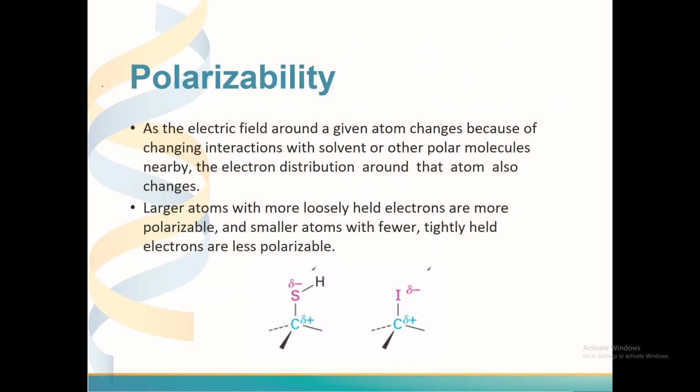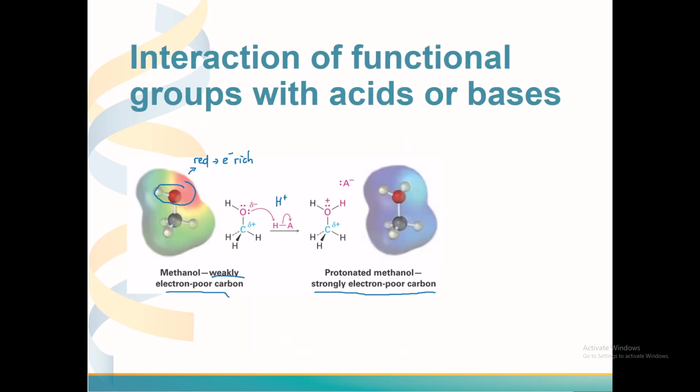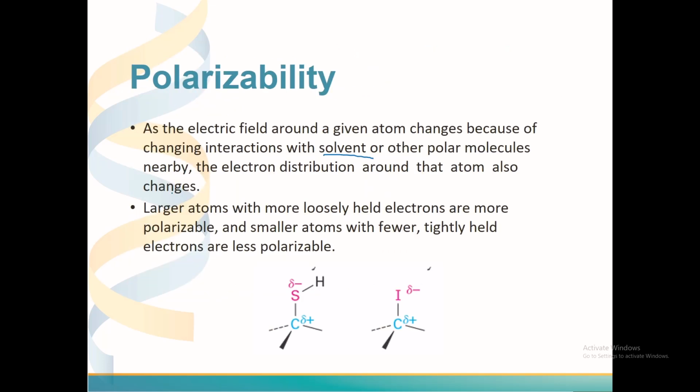In the way of polarizability, as the electric field around a given atom changes because of changing interactions with solvent or other polar molecules, the electron distribution around that atom also changes. Larger atoms with more loosely held electrons are more polarizable, and smaller atoms with more tightly held electrons are less polarizable.